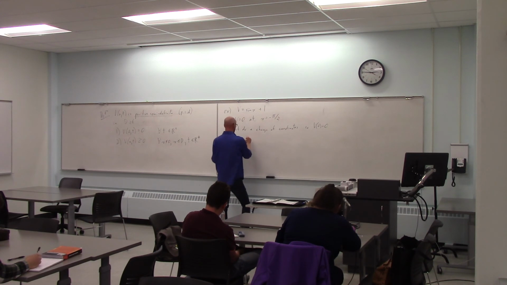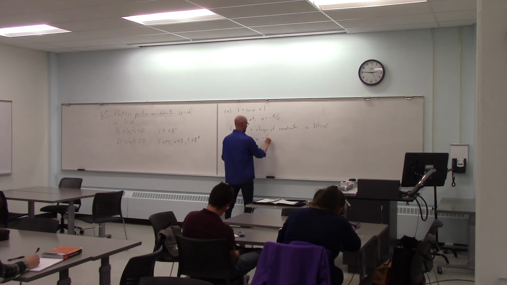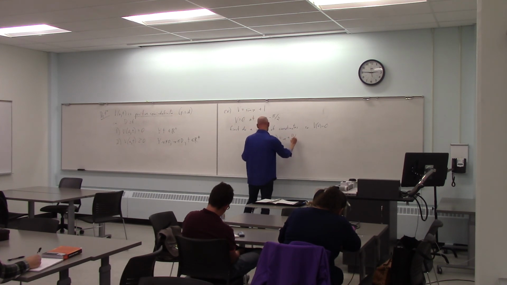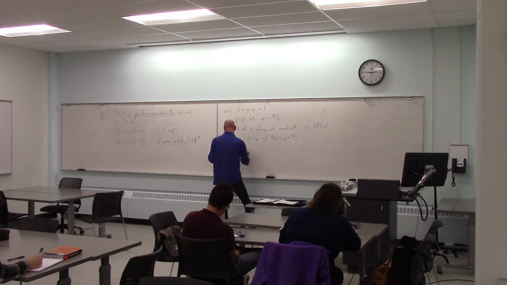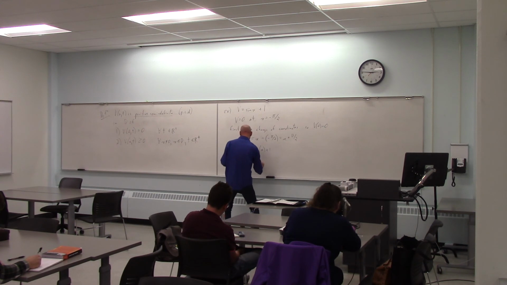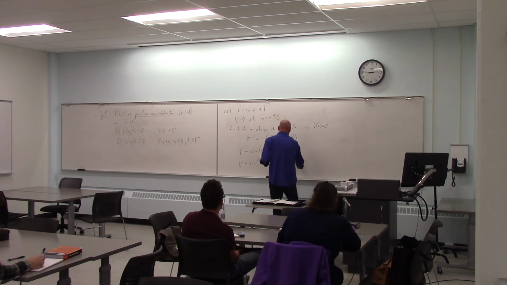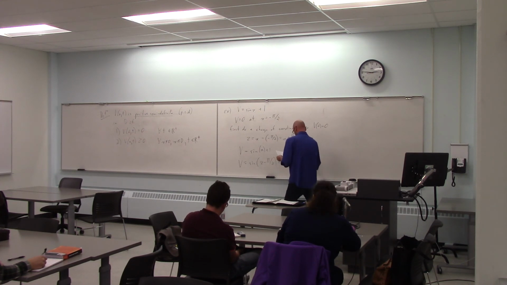So we do have v equals 0 at 0. I have to do x minus negative pi over 2 for my z, my new coordinate. Sine of z minus pi over 2, plus 1, has v equals 0 at z equals 0.